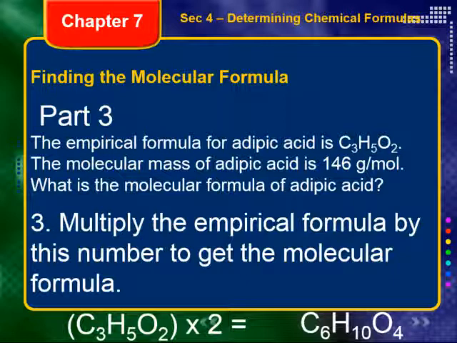The machine does not give you the molecular formula. What it really gives you is the empirical formula, because that's what can be determined by splitting apart all these molecules and measuring how many of each element are present. It's up to us to calculate the molecular formula.